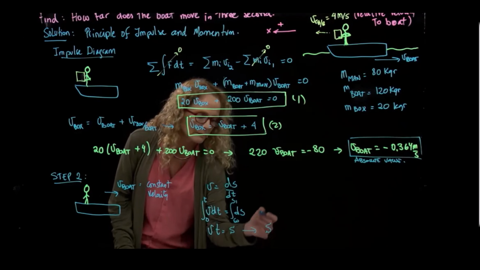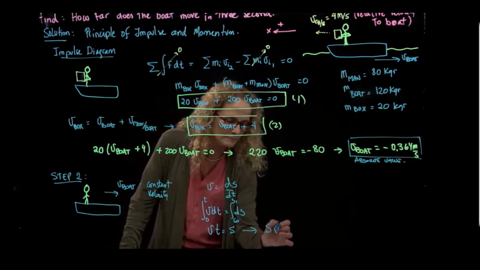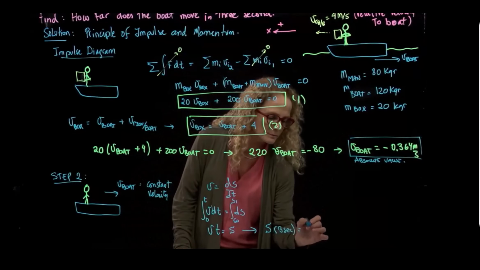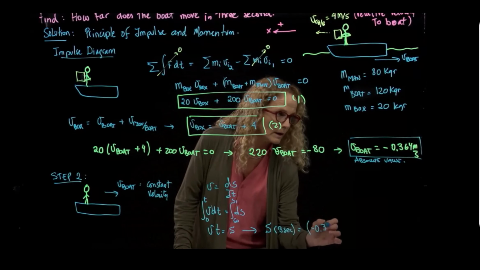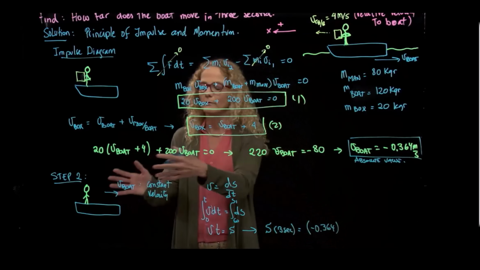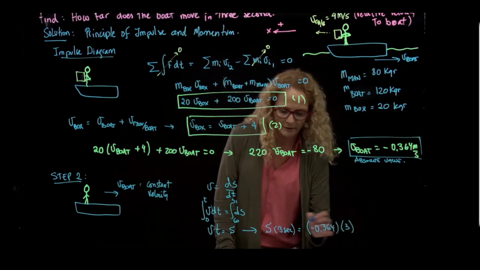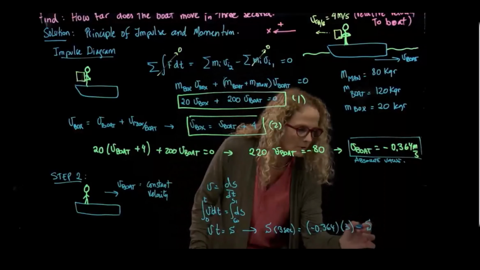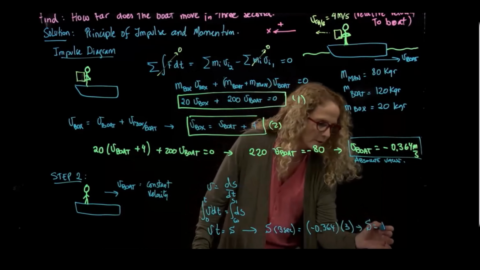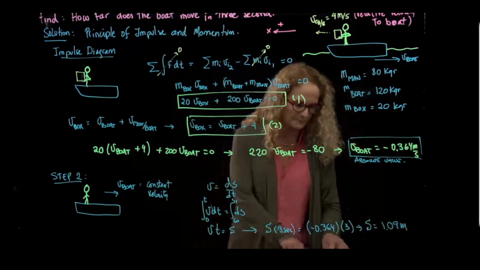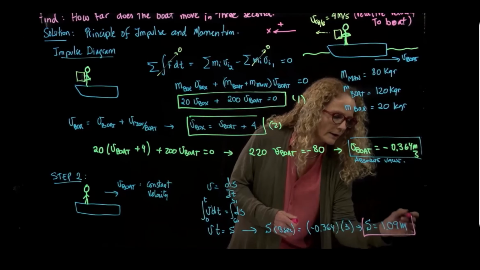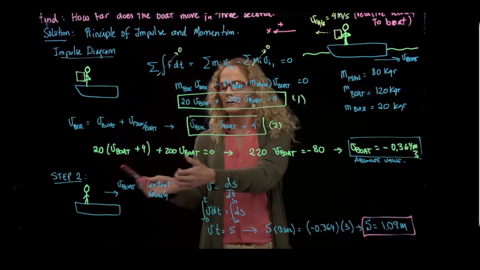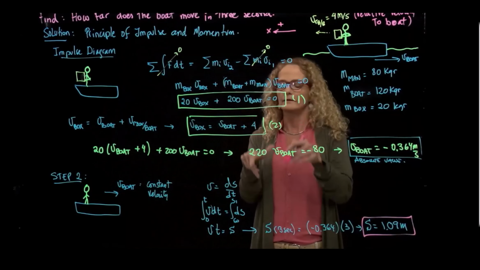Therefore, the displacement in 3 seconds is the velocity of the boat, keeping the sign, which means it moved backwards, times 3, which equals 1.09 meters. So we were able to find how far the boat goes in 3 seconds after the man releases the box.